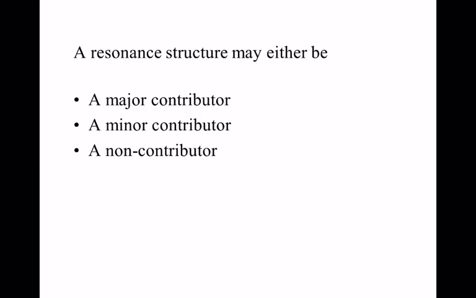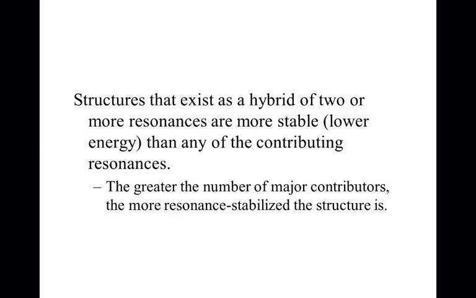So are all possible Lewis structures that give all atoms a complete octet, do they make sense? Not necessarily. And I have an example coming up for you. Sometimes you can draw a Lewis structure and just looking at it, you're like, that Lewis structure gives everybody a complete octet, uses the pool of valence electrons, but it doesn't make sense.